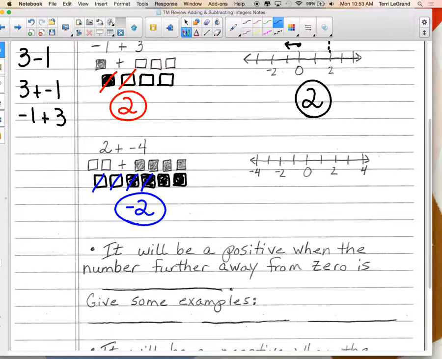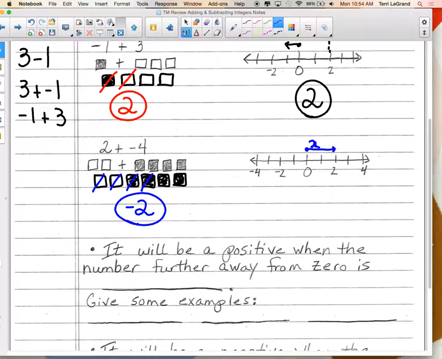Okay, let's go do that on the number line then. 2, so start at 0. 2 says go 2 units in the positive direction. So this is our 2. Plus a -4. What direction should we go for that negative? To the left.